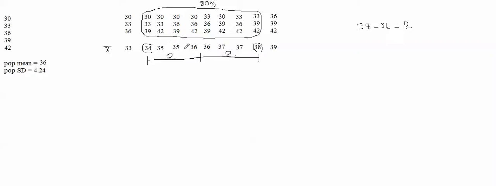So the 80% margin of error is 2. The 80% margin of error is the distance from the population mean to the two sample means at the outer edges of the middle 80%.